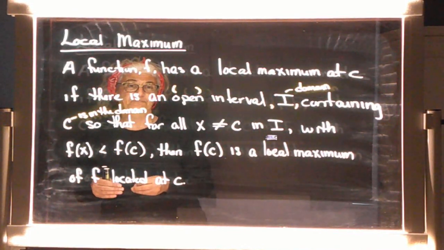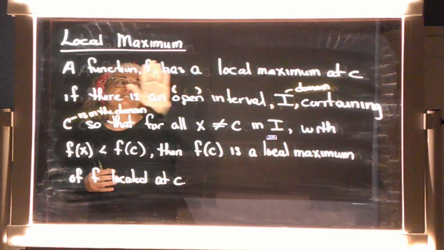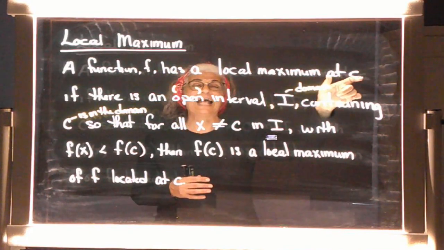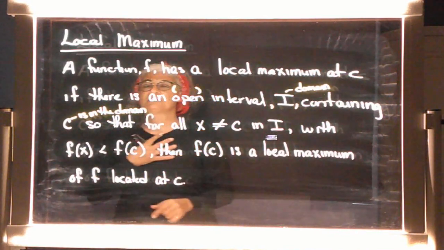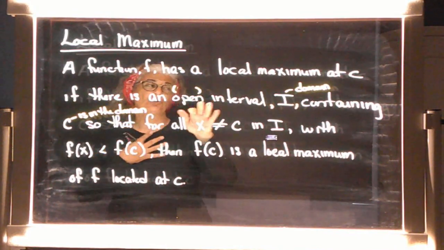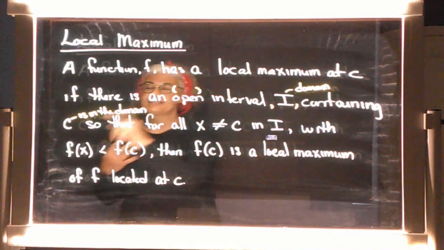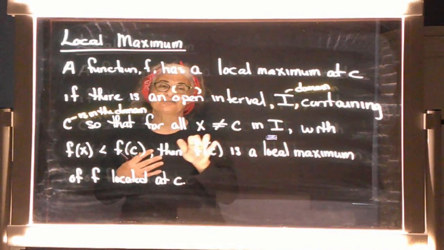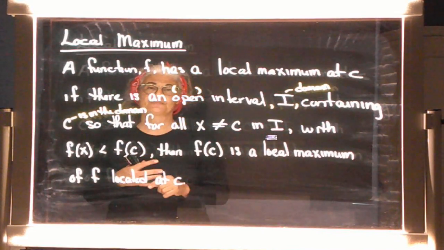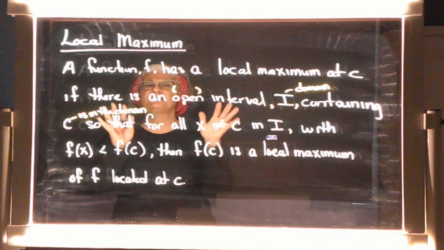With me? Okay, so let me go back. They're telling us a function has a local maximum at this number c, which we now know is in the domain, if an open interval I, which is representing the domain, contains this number c, so that no other x value is equal to this c value in this interval. Okay? So it's unique. It's a unique x value.